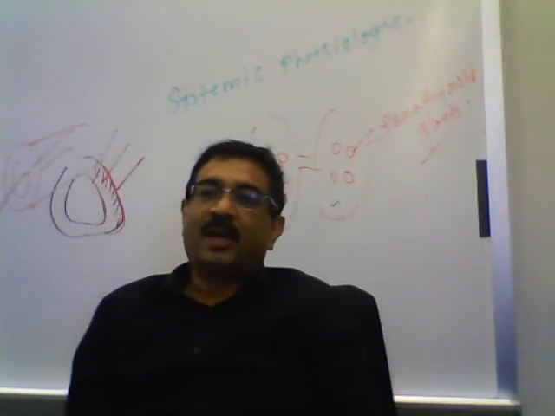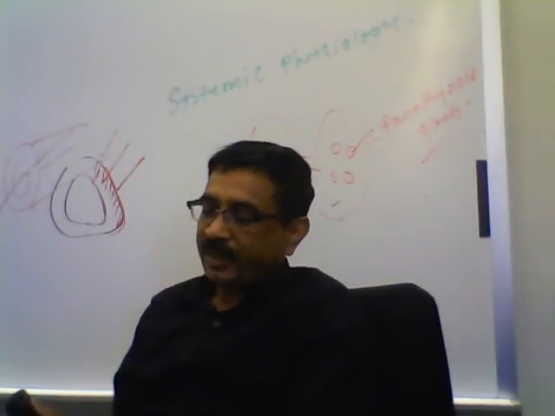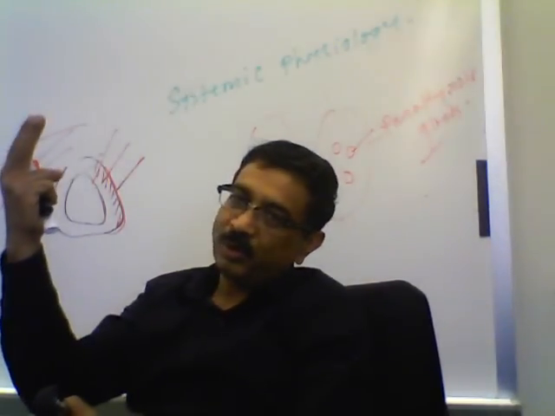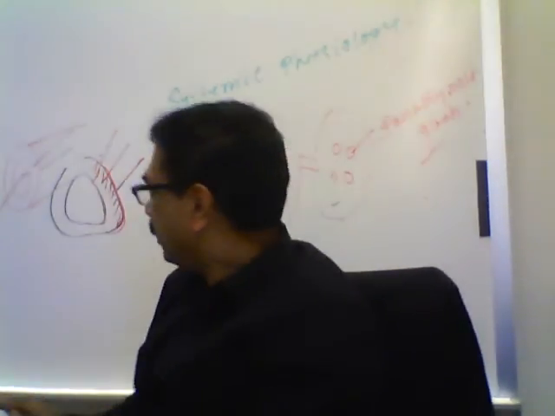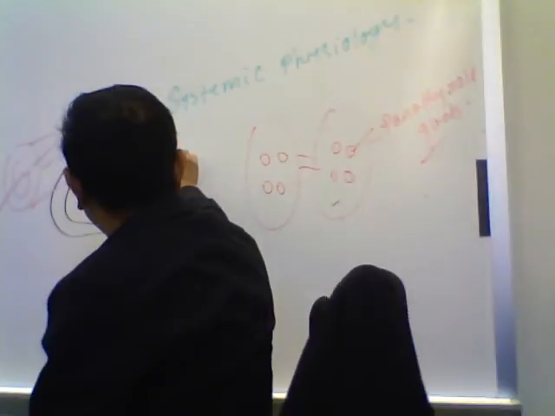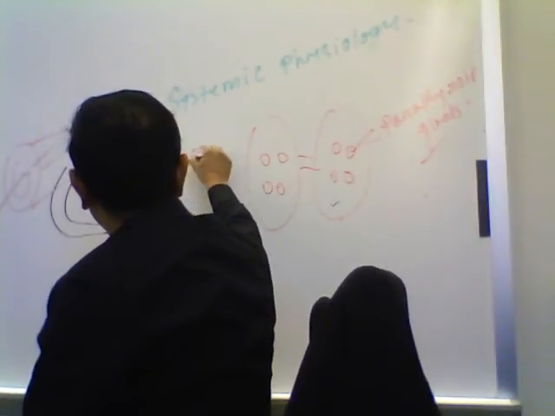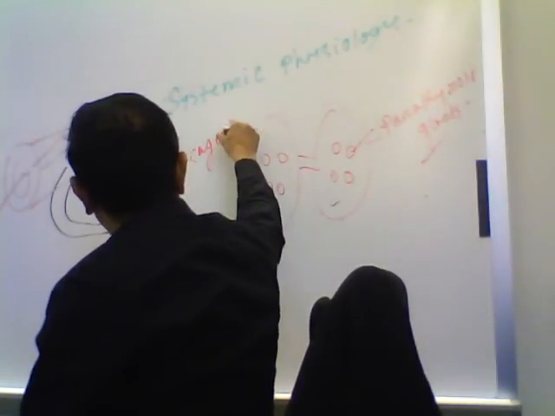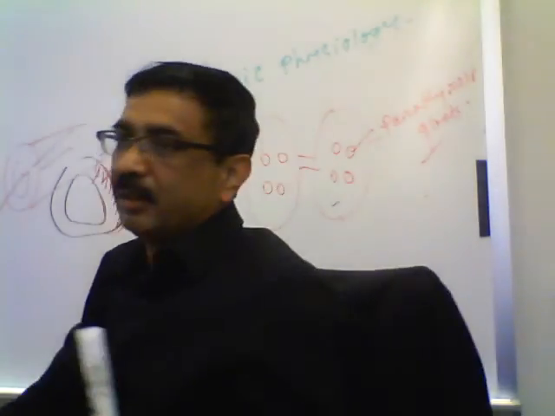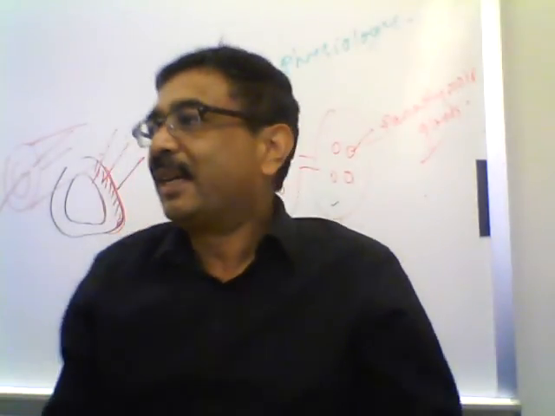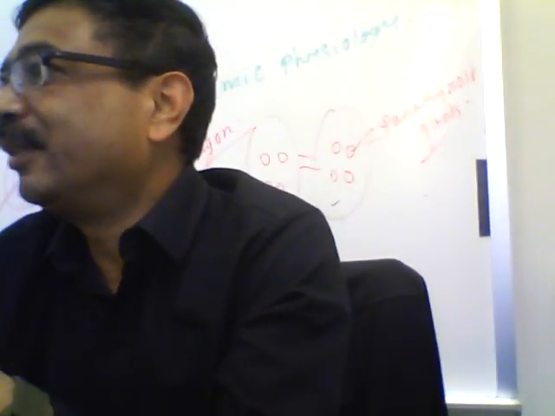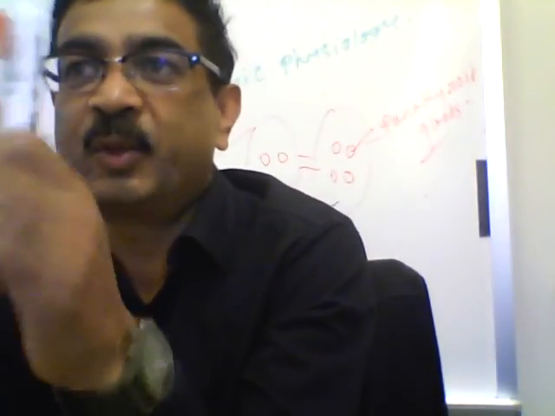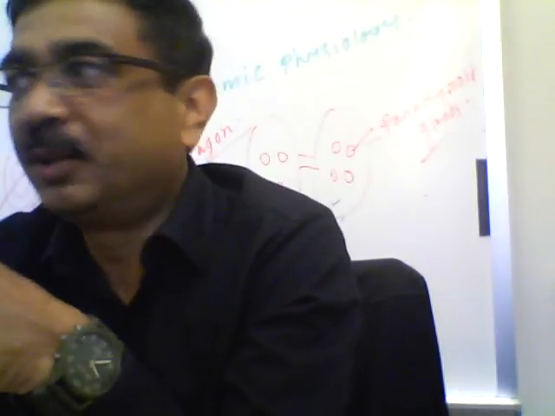So the pancreas produces two hormones, insulin and glucagon. Insulin does what? It reduces the sugar, right? We all know that.